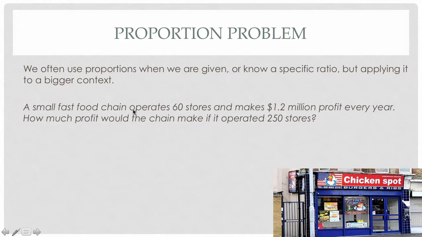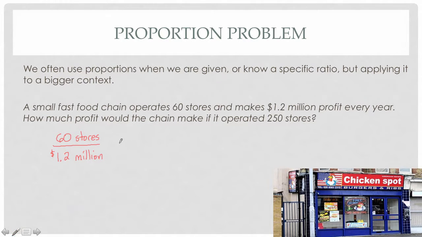A small fast food chain operates 60 stores and makes $1.2 million profit every year. How much profit would the chain make if it operated 250 stores? Okay, let's think about putting this into a proportion problem. So I do know that 60 stores, I can write a ratio, right? For 60 stores, we're told that they make 1.2 million profit. Notice that I'm writing out my units, I'm writing out what these numbers mean.